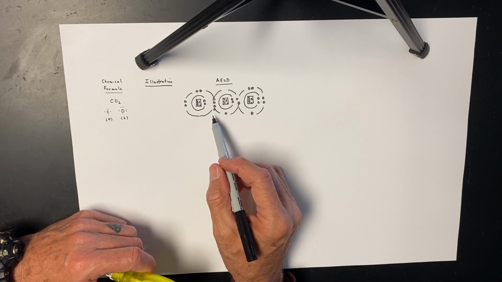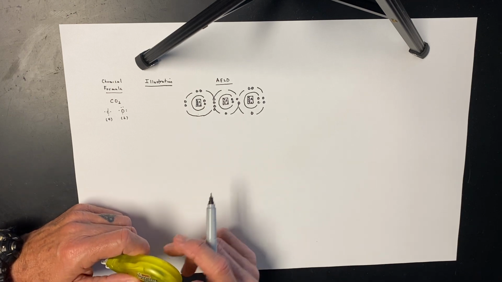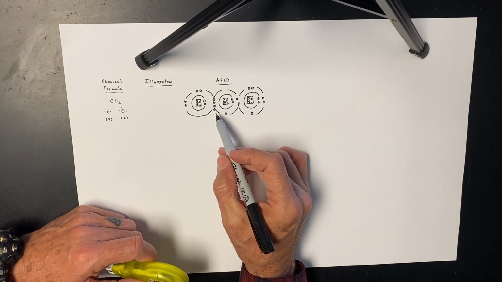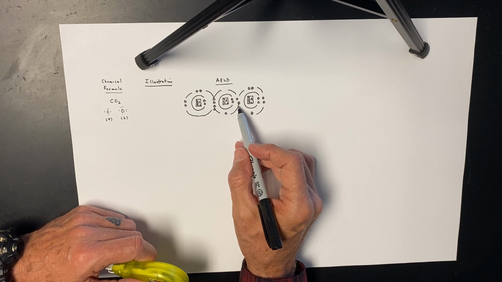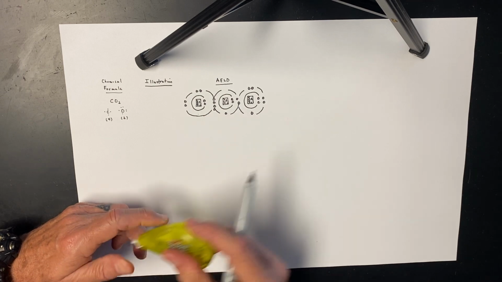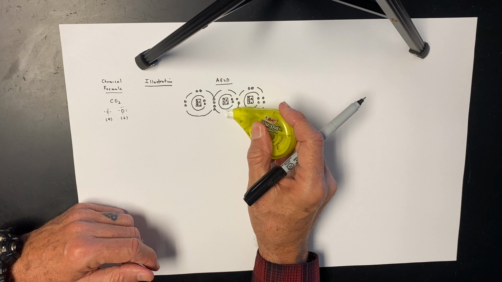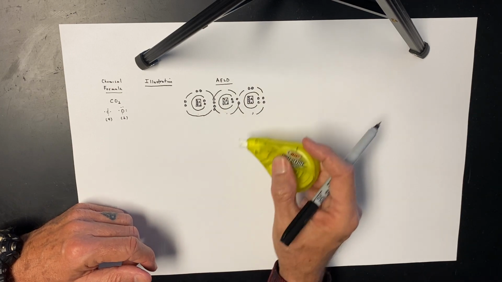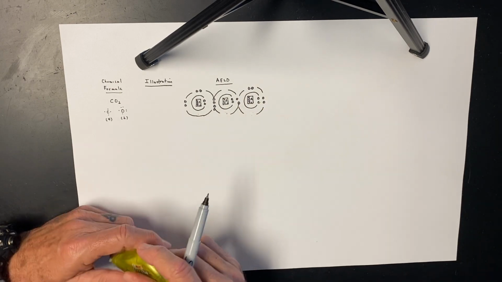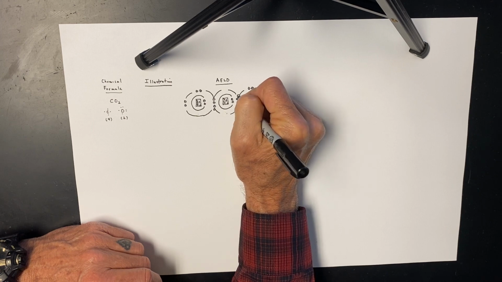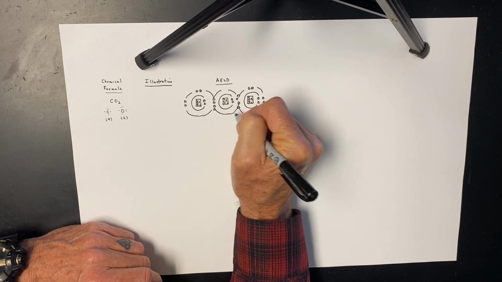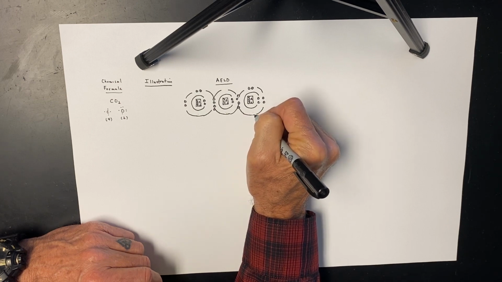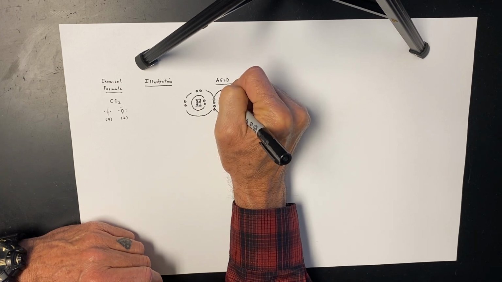Since we have 2 shared pairs, we actually have 4 valence electrons in bonding. And then on the other side, the same approach is going to be taken. We're going to relocate this p electron and that p electron. And we're going to create 2 shared pairs of electrons here.